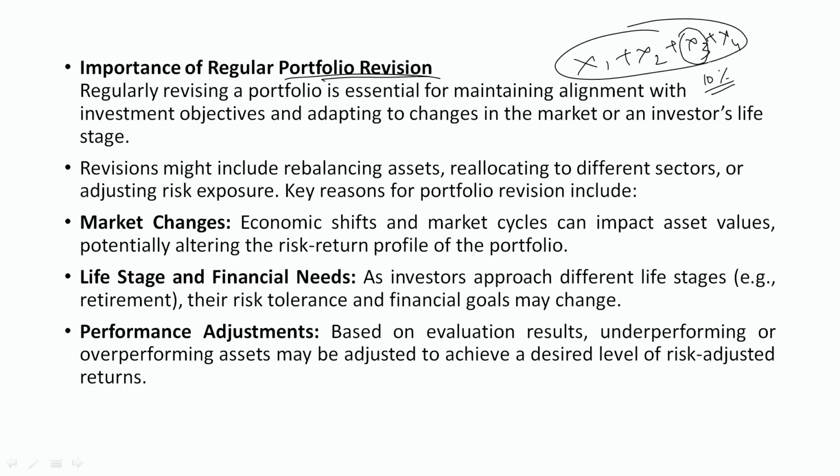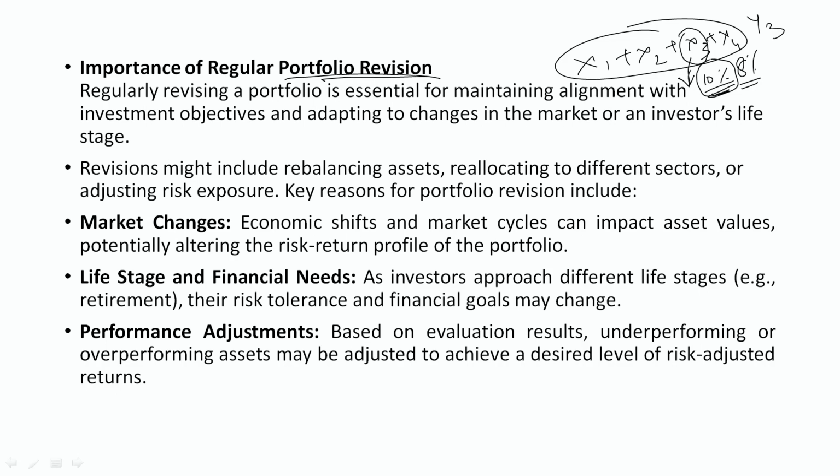So, in that case, what is the option left to me? If I leave it as such, at the end of the year, this may come down to 8%. I do not want this to happen. So, what will I do? I try to replace this with some other security, let us say Y3, so that my expected return is available to me over a period of time.